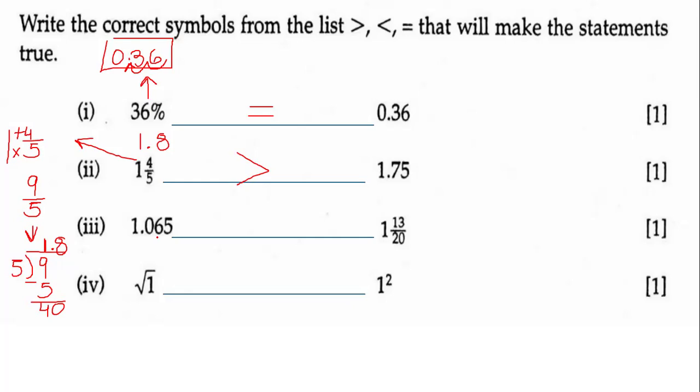All right, so that's going to be, what is that, equal to? So y'all have, that's greater than, right? Yes, sir. Greater than. And then we have 1.07, 1.065.